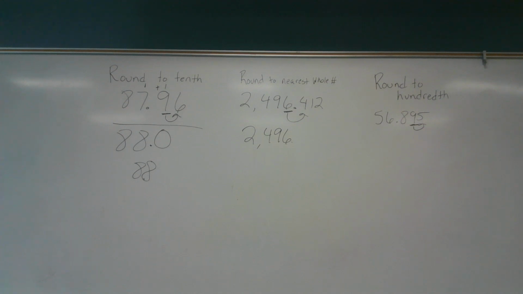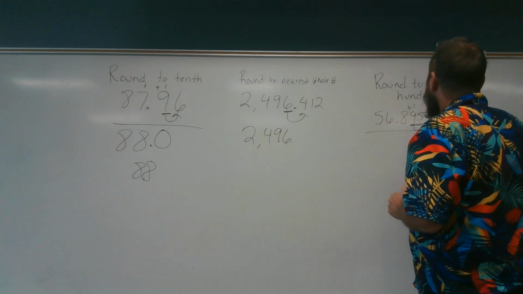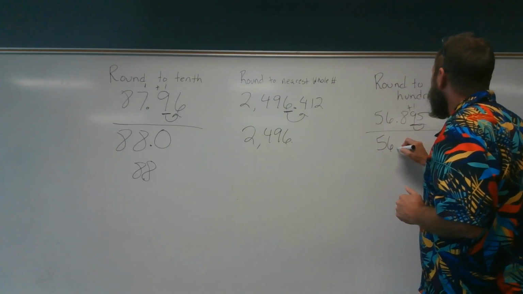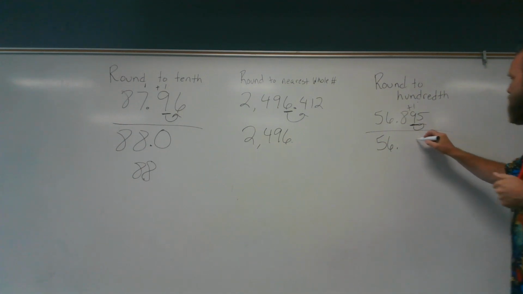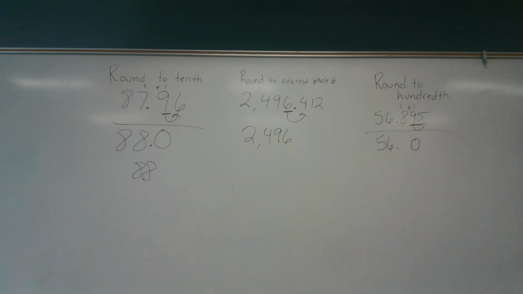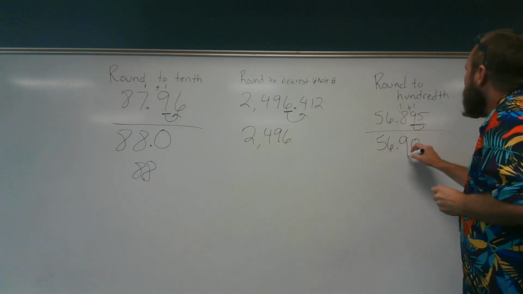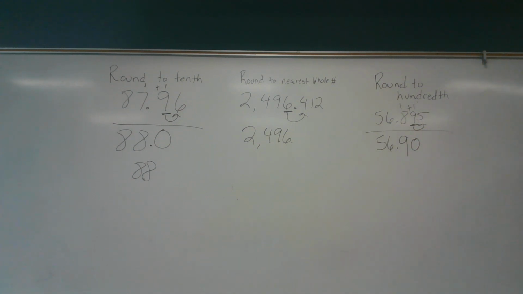You're going to add 1 to the hundredths place because the number behind it is 5 or greater. 9 plus 1 is 10, so I put 0 and carry that. 8 plus 1 is 9. So rounding to the nearest hundredth, 56 and 895 thousandths would round to 56 and 9 tenths, or 56 and 90 hundredths.